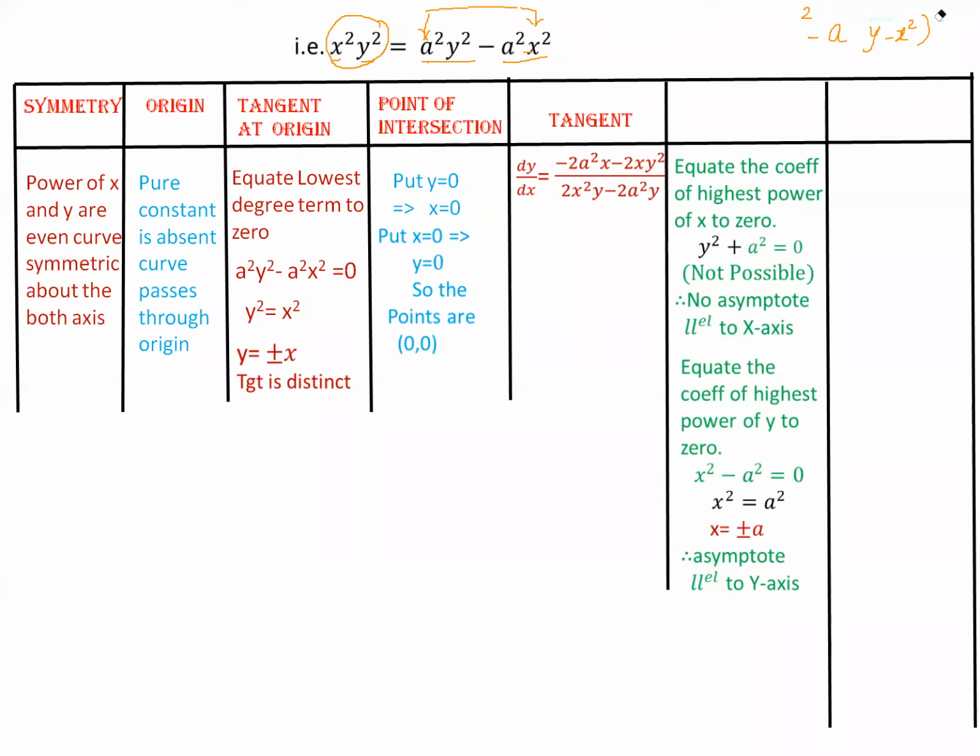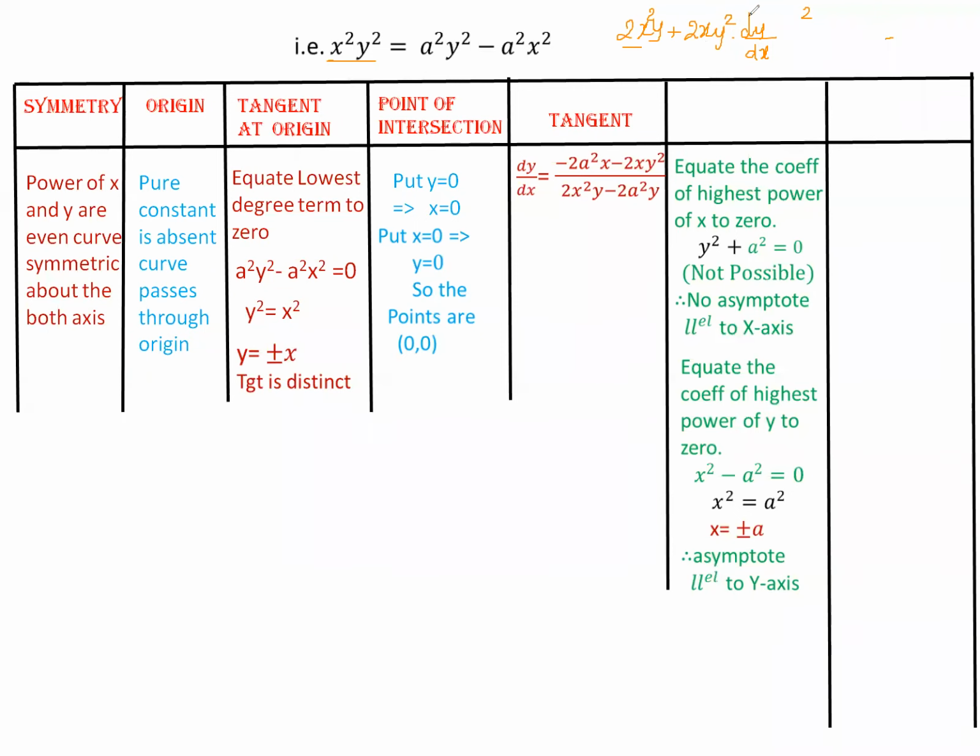Tell me that derivative. 2x into y square, plus 2x square y into dy by dx. Is it okay?